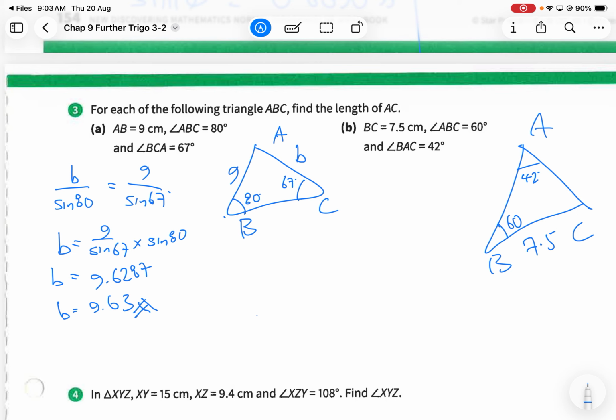Known pair, 42 and 7.5. Then what you want to find is B. Form your equation using sine rule. Yes.